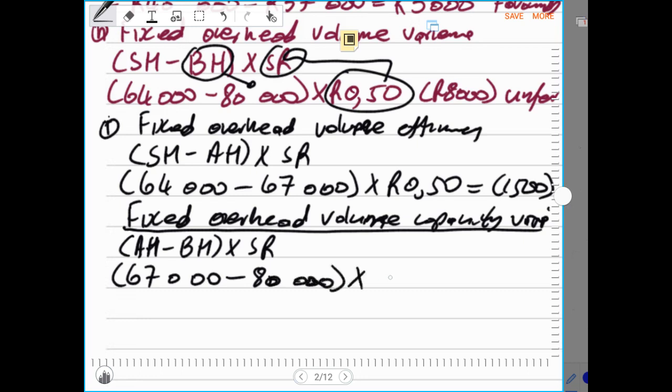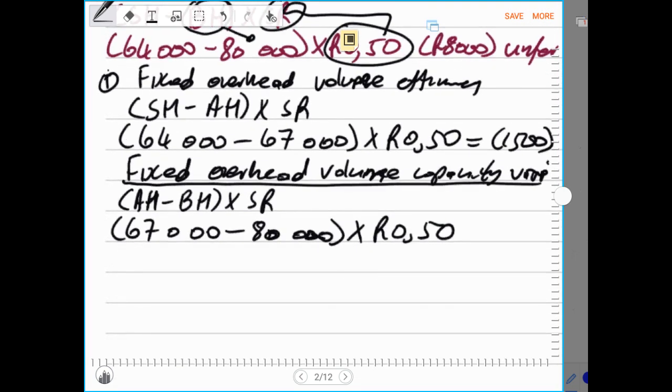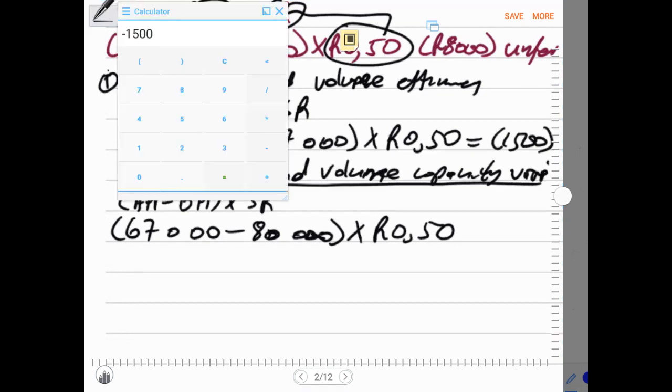Then we multiply that by the standard rate, and our standard rate of fixed overhead is 50 cents. Then we say 67,000 minus 80,000. That is 13,000 times 50 cents.